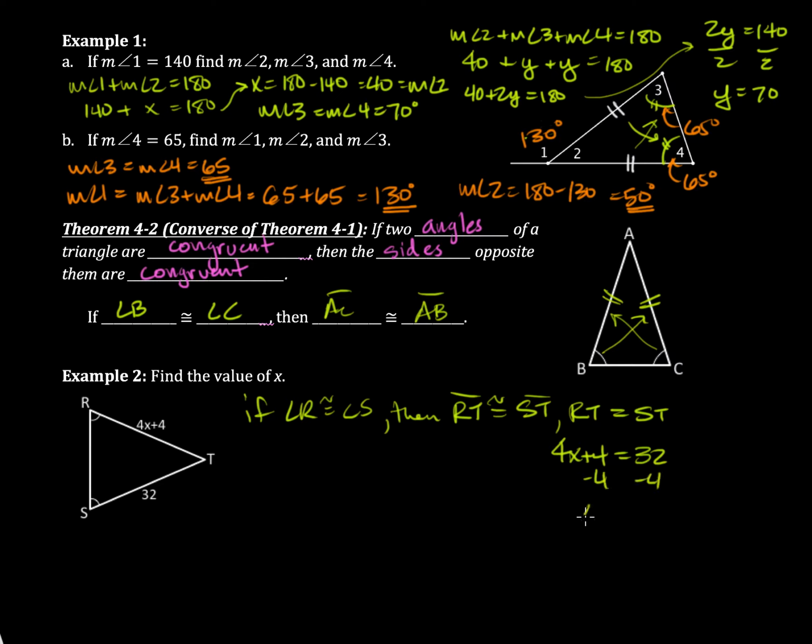Subtract 4 from both sides, 4x equals 28, and divide both sides by 4 would give me x equals 7. So the value of x in example 2 is 7.